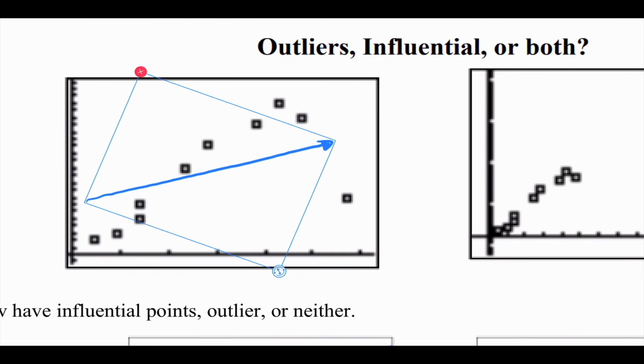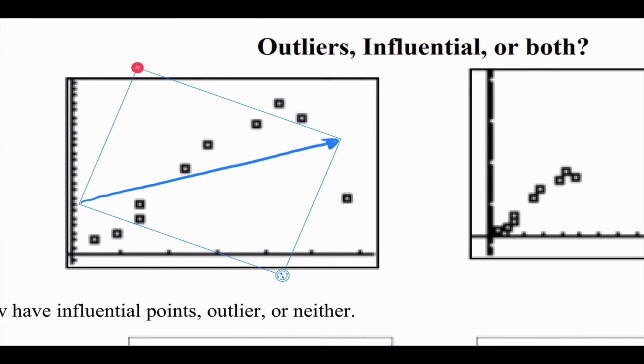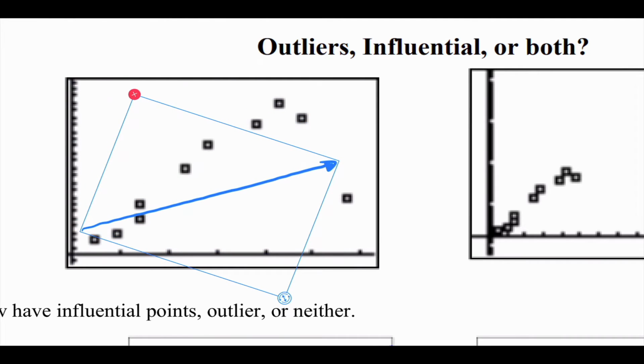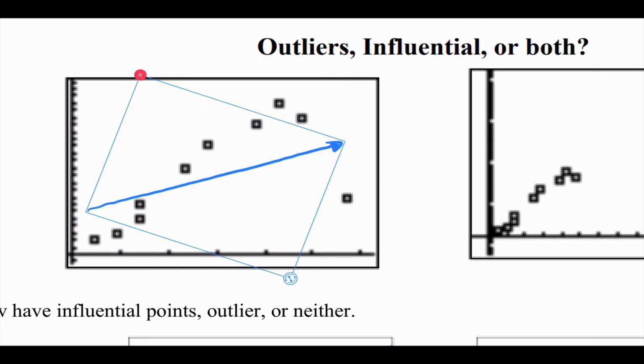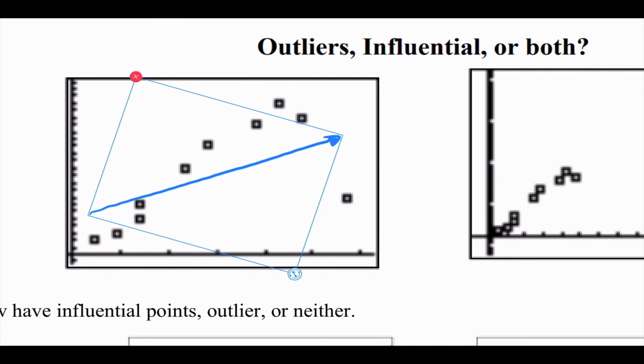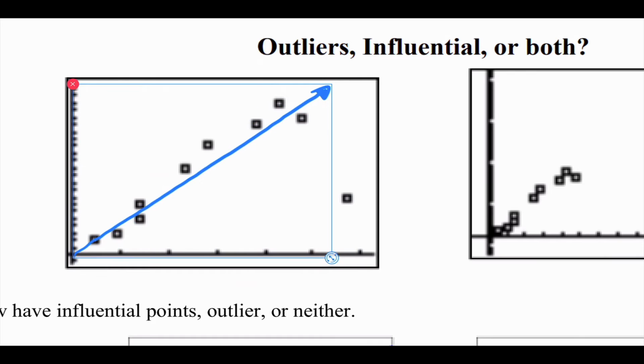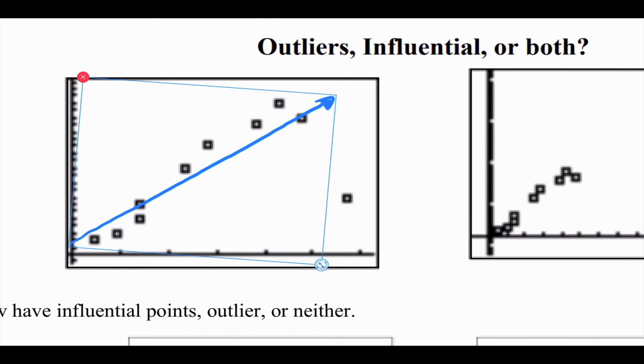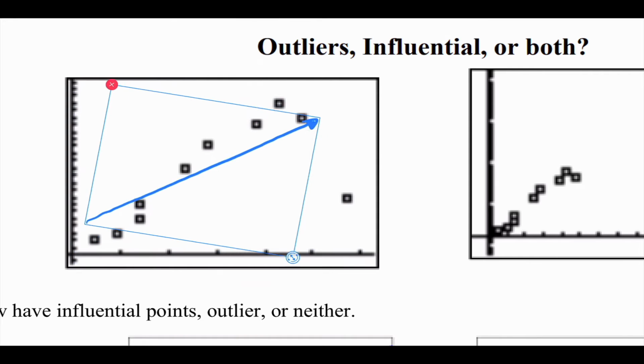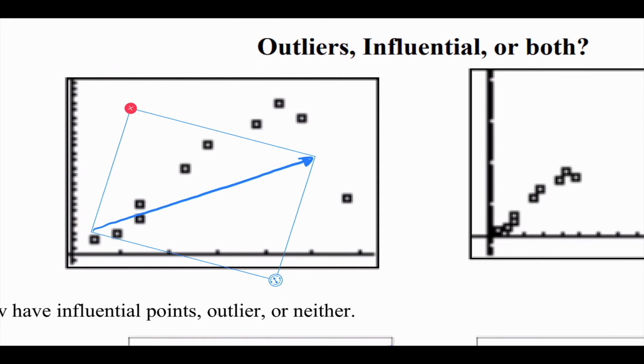It might do something like that, because it has to account for all of the dots. So if it has a dot down there, it's going to have to change the slope a little bit. Whereas if it wasn't there, that would be the line right there, pretty solid line. But because of that point, it kind of has to change a little bit.